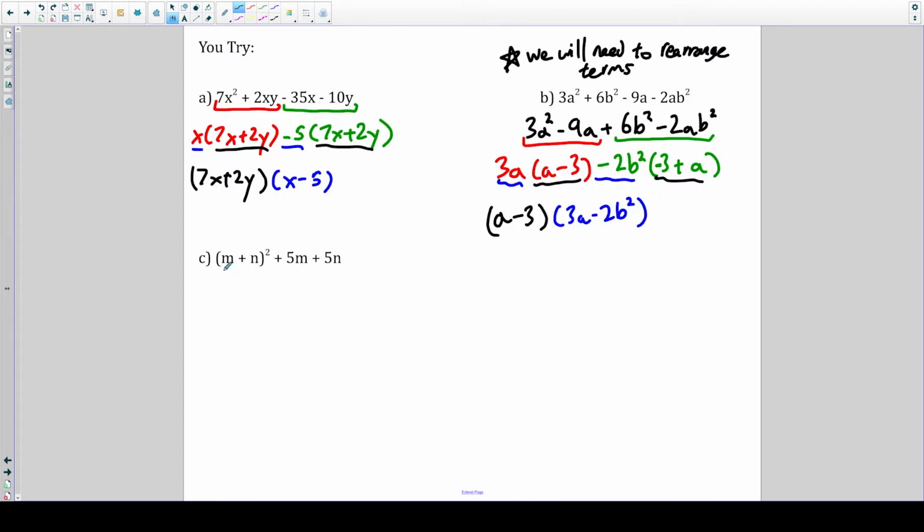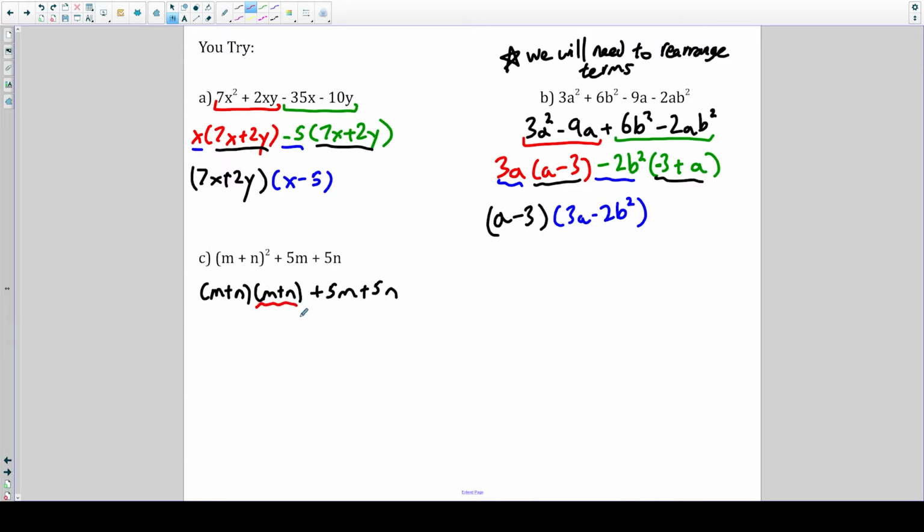Last but not least, this one's a little bit tricky again because of that exponent of 2 on the outside here. So from AN4, we know that when we square something inside of the brackets, we're going to multiply it by itself. So we have m plus n times m plus n plus 5n plus 5n. Well, we already have our first part of this expression in factored form.